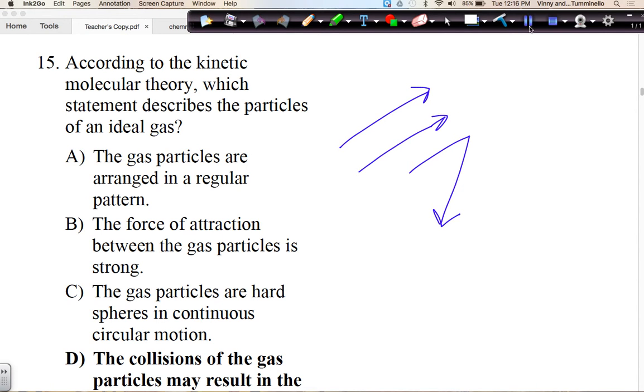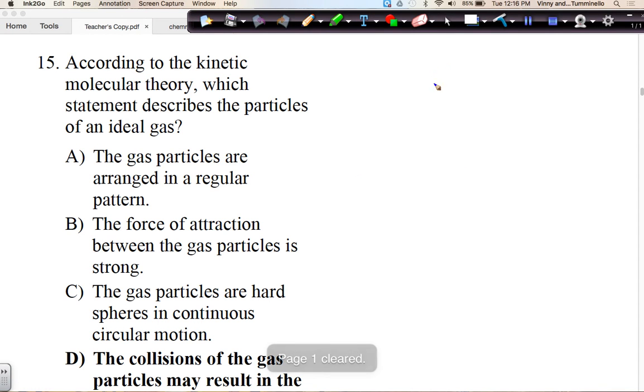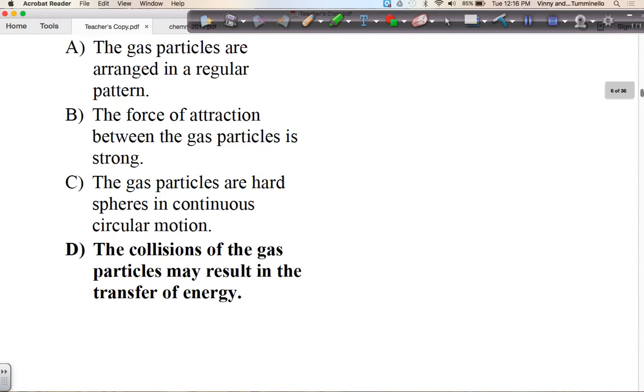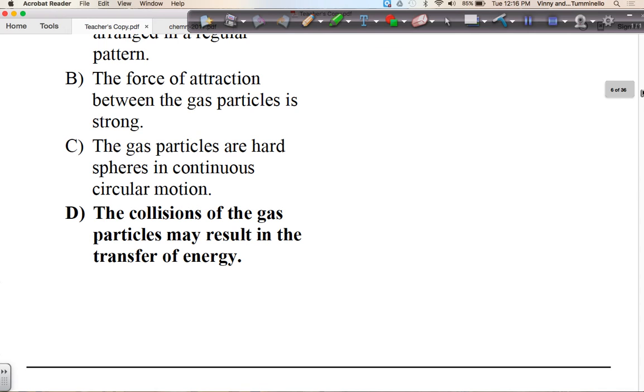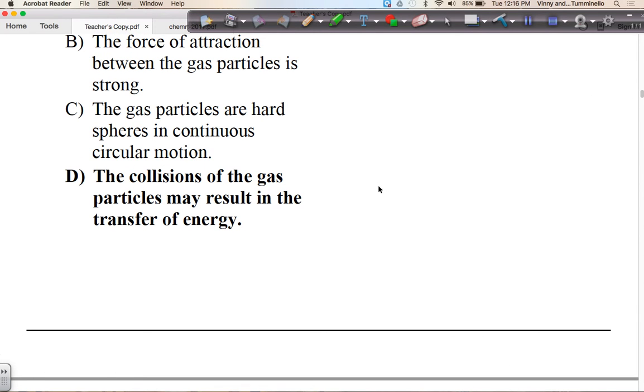Their individual volumes are considered to be negligible compared to the space that they're moving in. The reason why real gases deviate from this is because their volume does matter and because they do have some attractive forces on each other. And so one of the things that we can say is that their collisions may result in the transfer of energy. When one molecule collides into another, they may give energy to the other molecule.